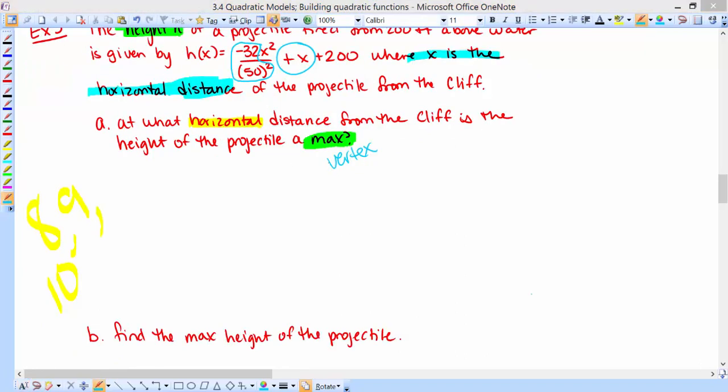Now, knowing that I need to find the vertex, I need to remember that x equals negative b over 2a. So I have here my b, I already have that circled, and I have my a. A is with the x squared, b is with the x. So this is where it gets kind of tricky. B is nice, negative 1.